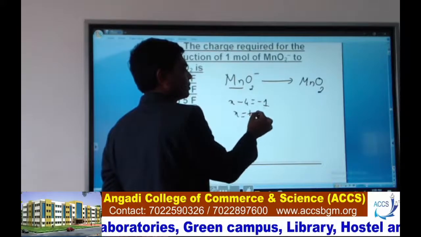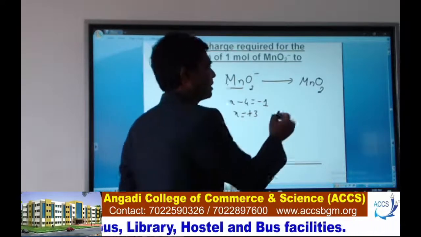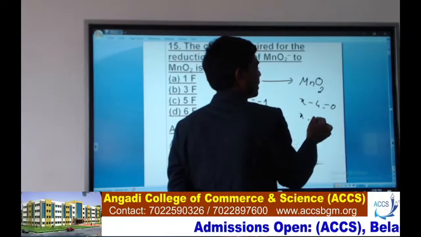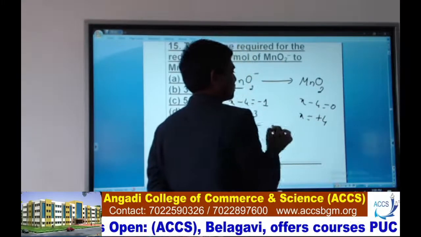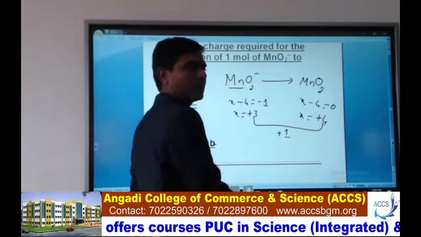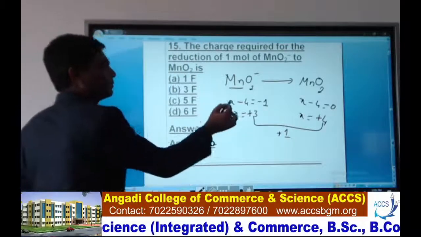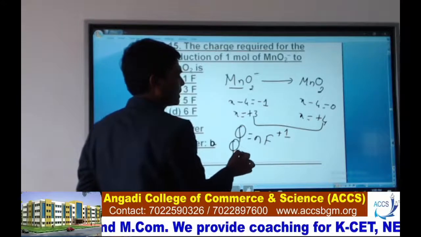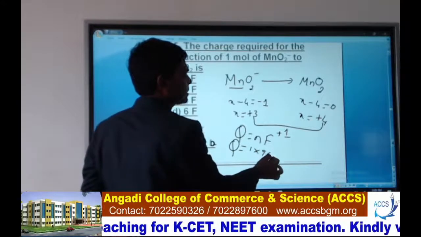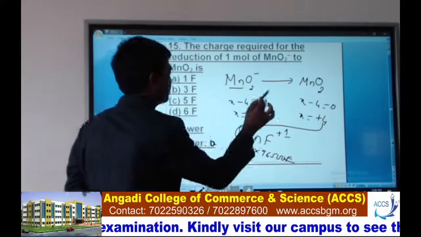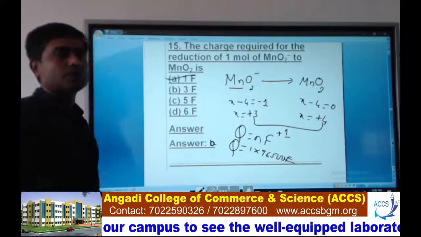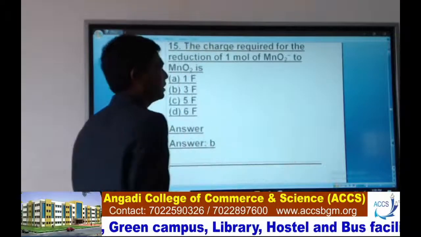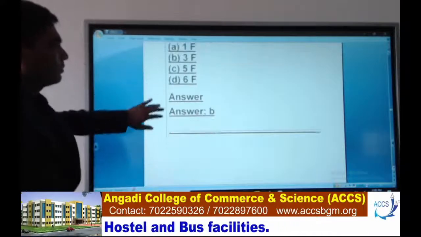Therefore, x is equal to plus 7. And for MnO4 2 minus, x minus 8 is equal to minus 2, so x is equal to plus 6. From 7 to 6 means it is 1 electron. Therefore, n is 1, and we have the formula Q is equal to n into F. Q is equal to 1 into 96,500 coulomb. Okay? The answer for this question is 1 F. That means you have to calculate if they give the reaction. Next question.